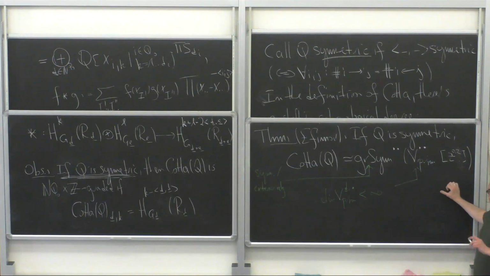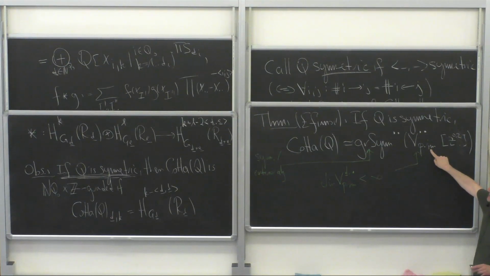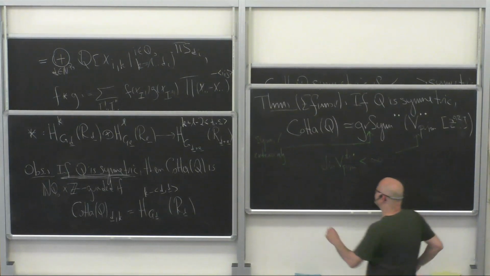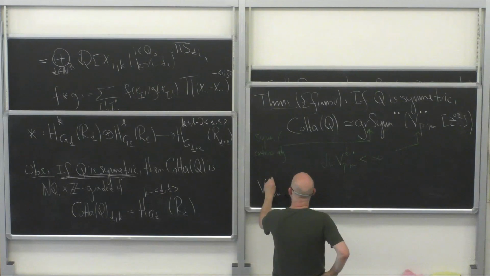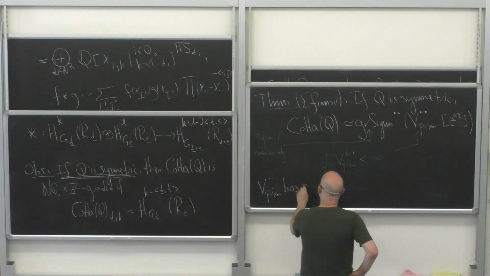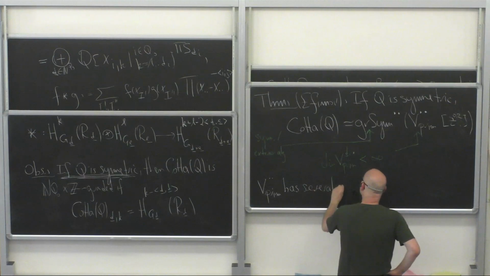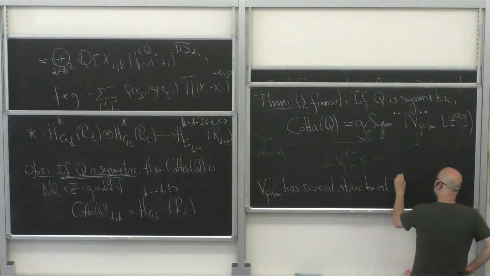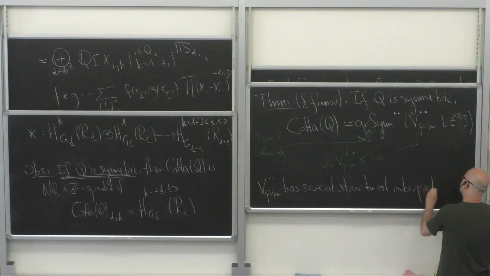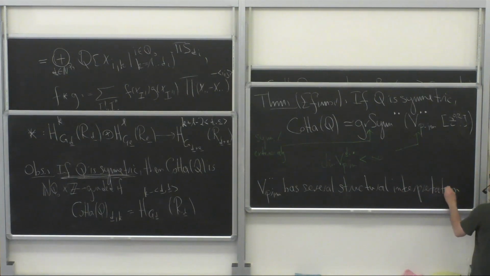And by now, there are around 10 different structural interpretations for these spaces of primitive elements. So let me just say it has several structural interpretations. I once did a list of all of them for an overview talk, and I think 9 or 10 different interpretations are now known.